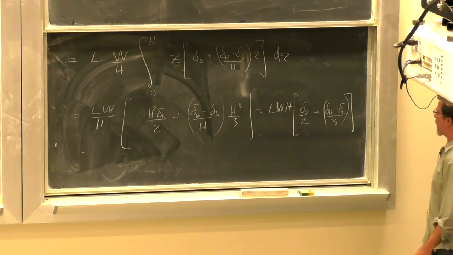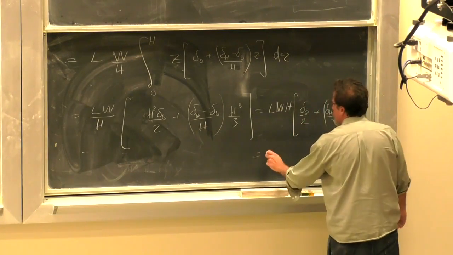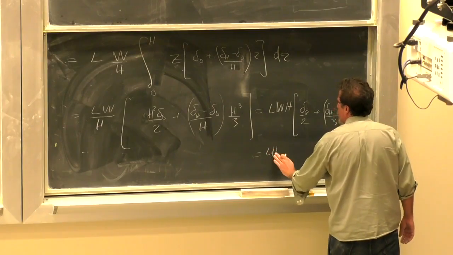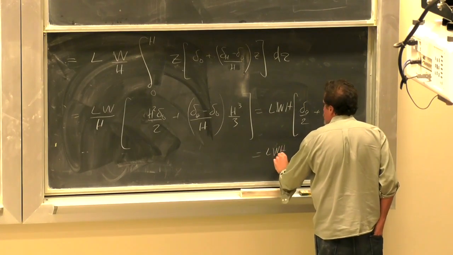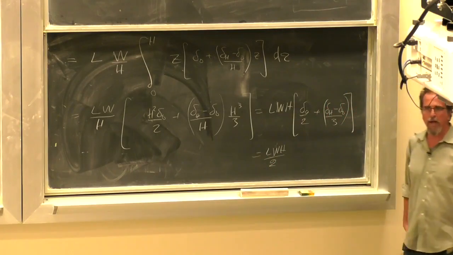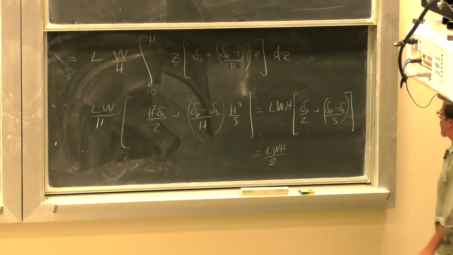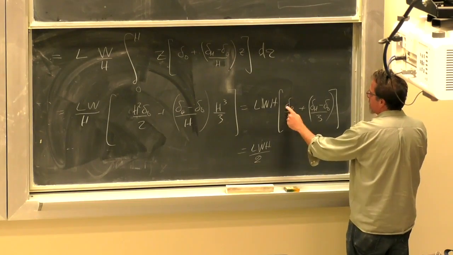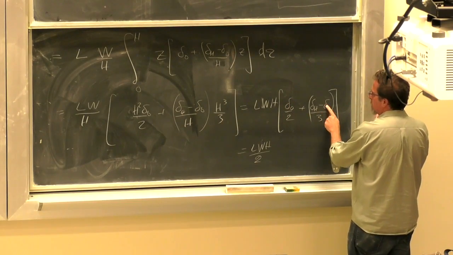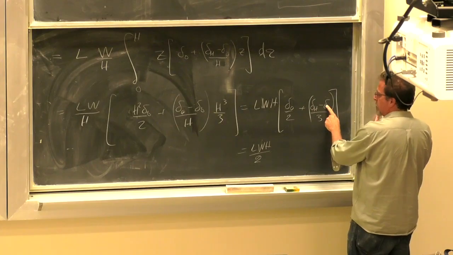And if I were to just finish this up, I would write this as L times W times H over 2. That's the way I would write it. And then I'm going to factor out a factor of 2. I'm going to have delta 0 minus 2/3 delta 0, which is a third of delta 0, right?